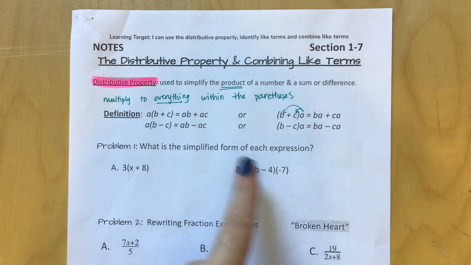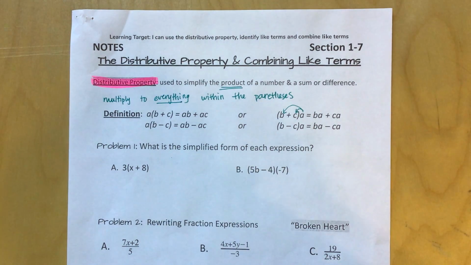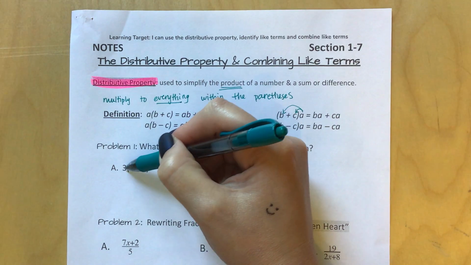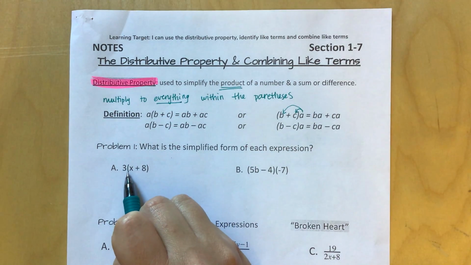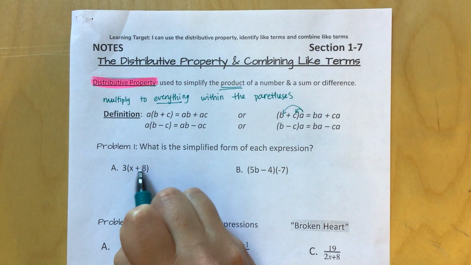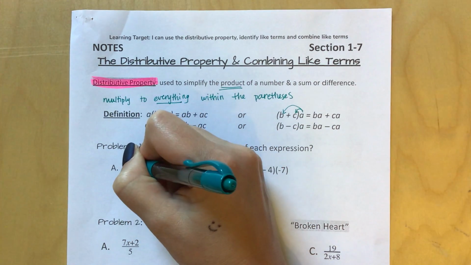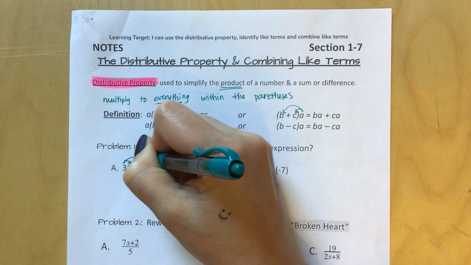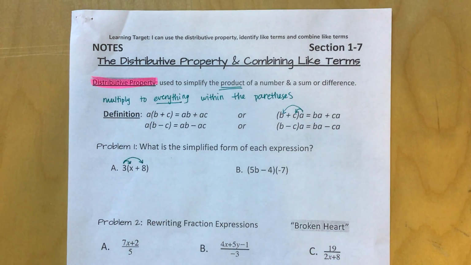It says, what is the simplified form of each expression? So notice we can't solve for anything because we don't have an equal sign. We're just simplifying it. So we're going to take this 3, and because when two things are right next to each other, like this 3 is right next to that set of parentheses, that means multiplication. So this 3 needs to be multiplied by the x, and this 3 needs to be multiplied by that 8.